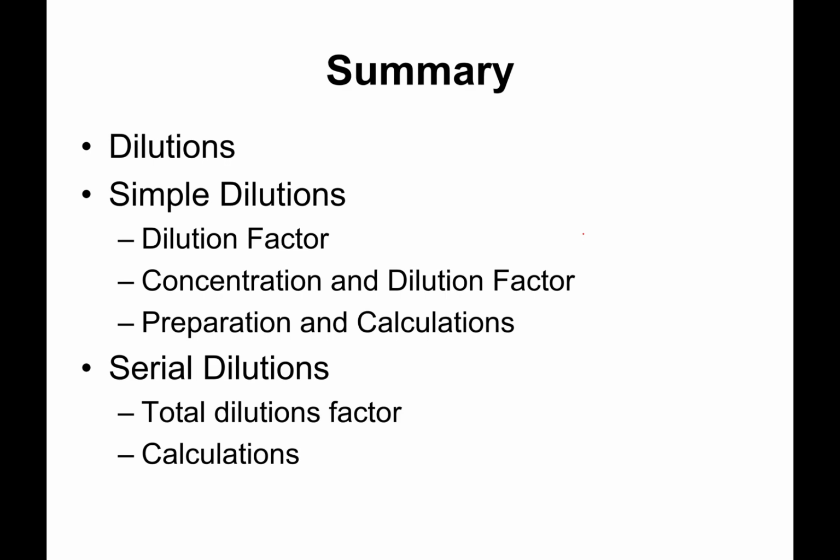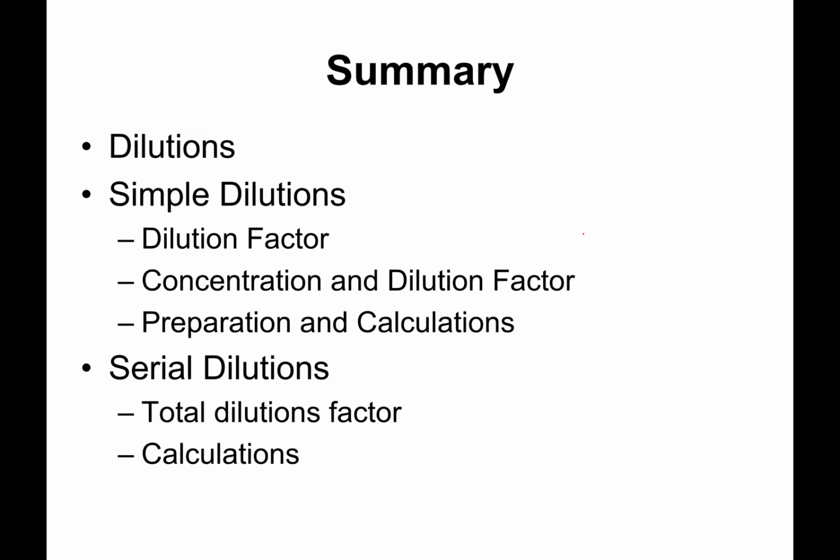You start from the stock, take the aliquot you need, you add some solvent, you are done. We talked about what the dilution factor is, that ratio expressed as 1 in X, that tells you basically how many parts of stock solution you need for the total parts of solution. So how many milliliters, for example, of stock you will need for a certain number of milliliters of solution.